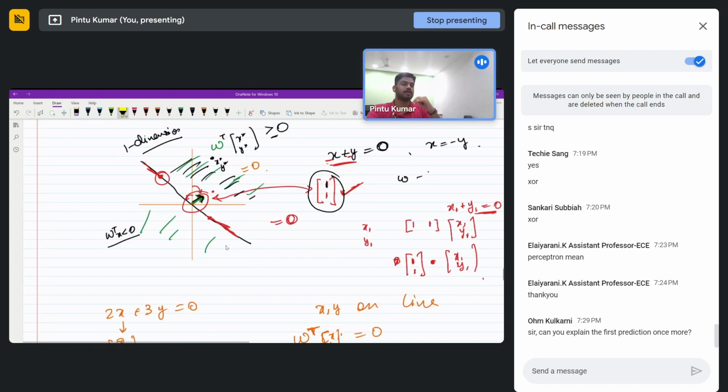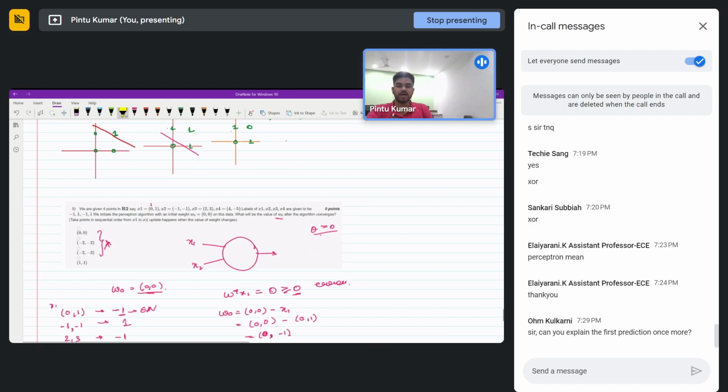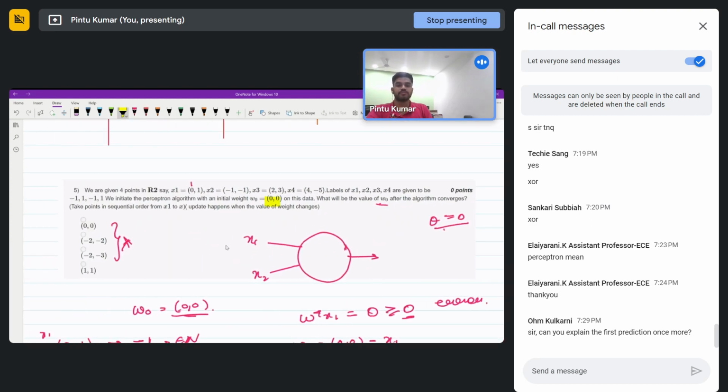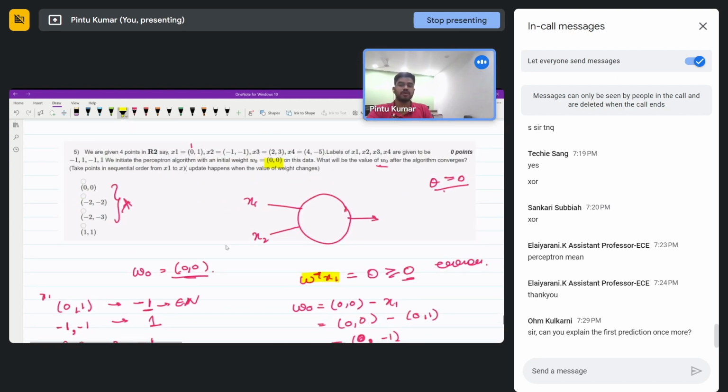Now let's get back to the example. Initially we are given that W naught is 0 comma 0. When we tested W transpose X with our first point, 0 comma 0 would give 0, which is greater than or equal to 0.